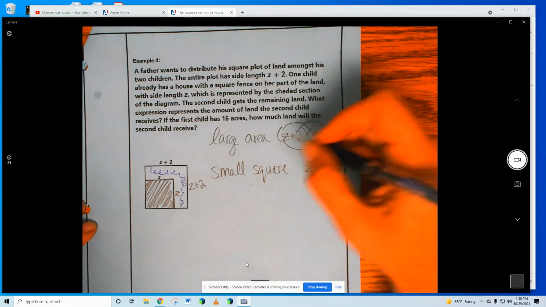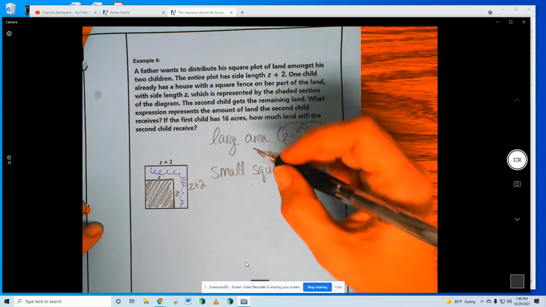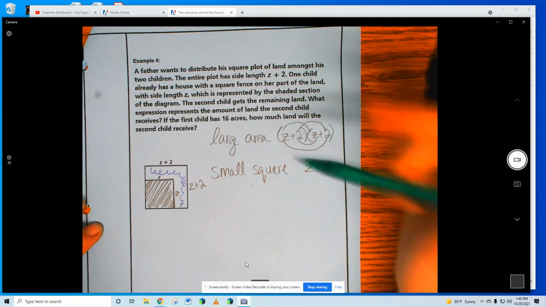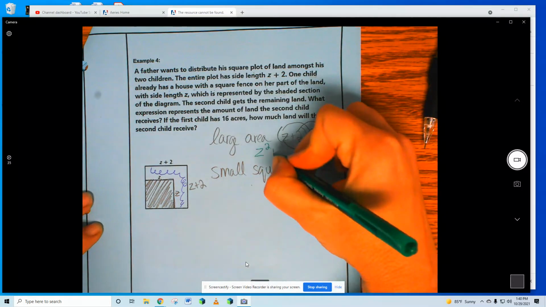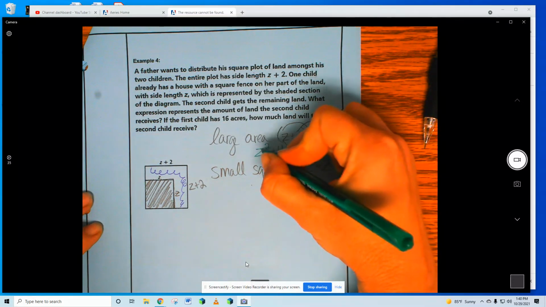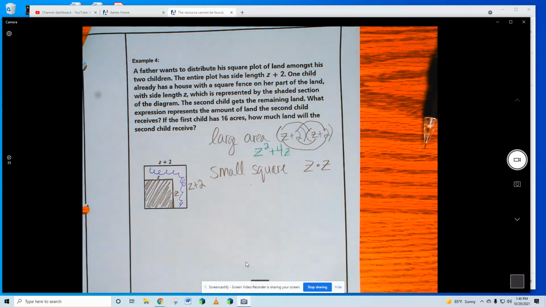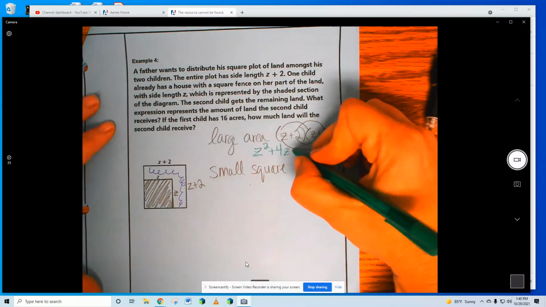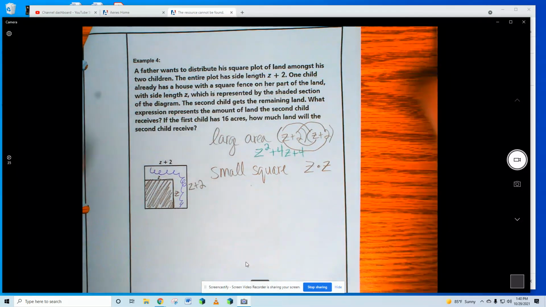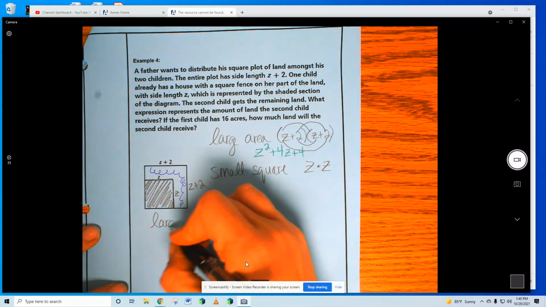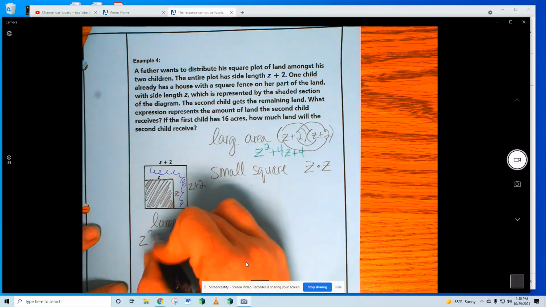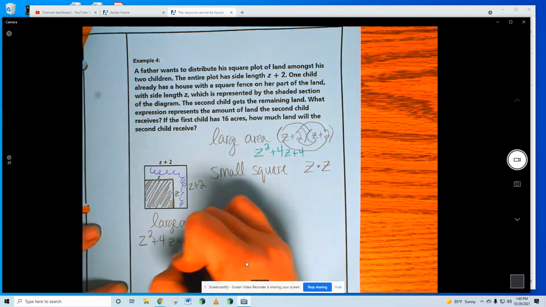Z squared plus 4Z. Make sure your Z's don't look like 2's. It's so common to make a Z look like a 2 and then you forget. Plus 4. So this is going to be my large area, which is Z squared plus 4Z plus 4.